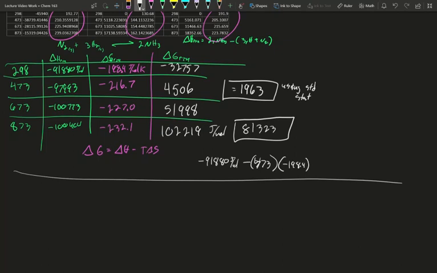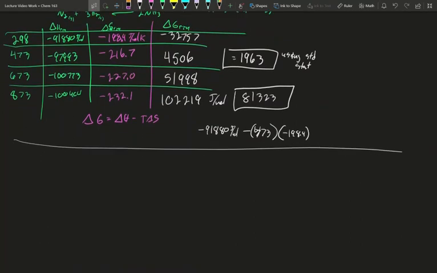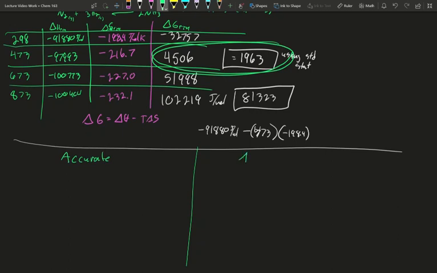But if we want to check what the error would do for us, let's zoom in here on 473. Let's do two versions. Let's do an accurate version, and let's do the approximation. What we're going to look at is the equilibrium in this reaction.